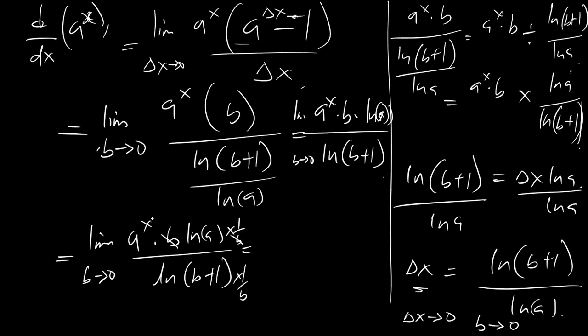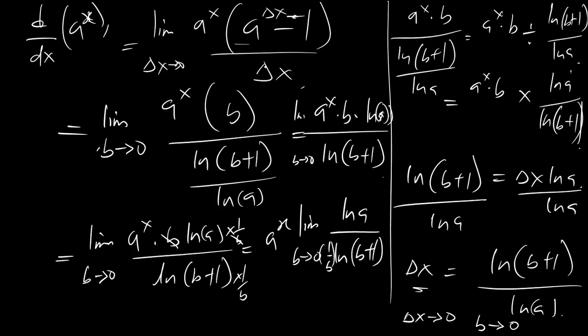This a raised to power x is a different variable from this b, so it goes out. So it will be a raised to power x times the limit of b tending to 0 of ln a all over ln b plus 1 times 1 all over b. So that is what we have now.